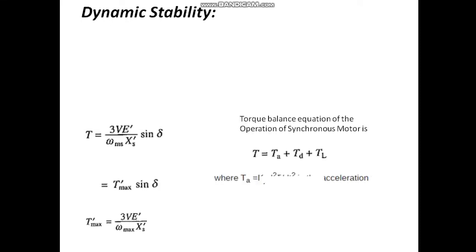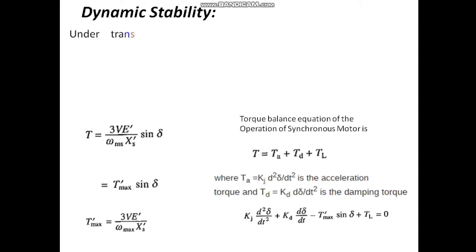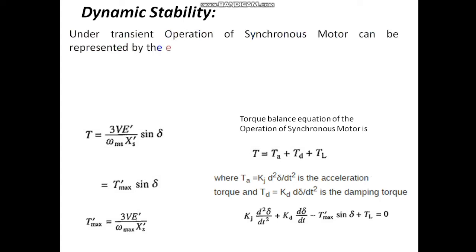So under transient conditions, a synchronous motor, if you remember, we had drawn the equivalent circuit of the synchronous motor. It can be represented with the equivalent circuit where my E was replaced by E dash and XS was replaced by XS dash. So this is the equation for torque under transient operation of the synchronous motor.